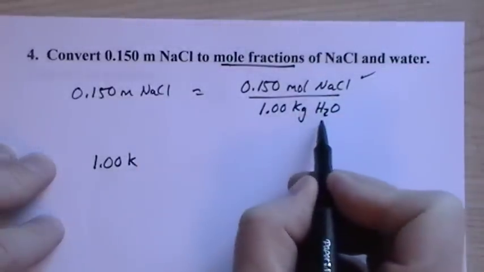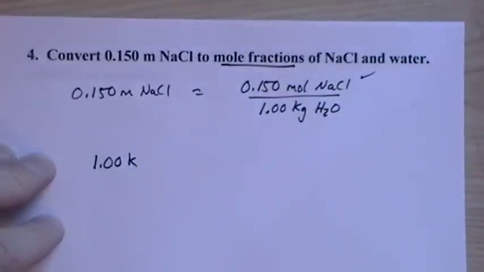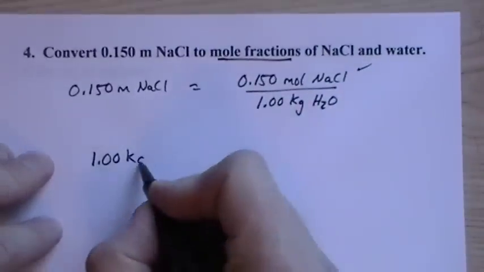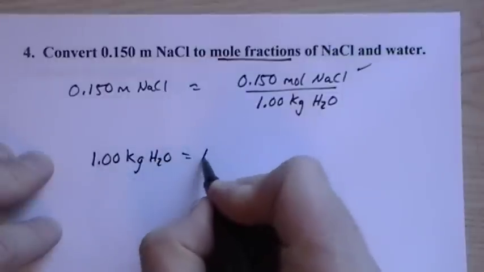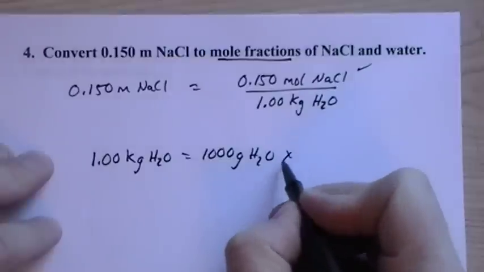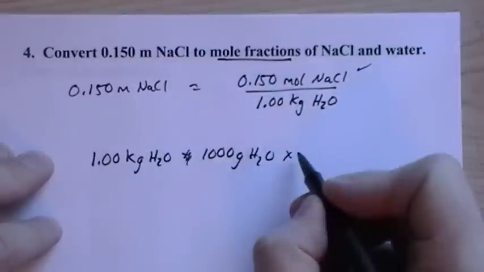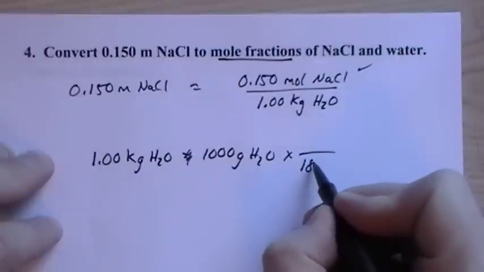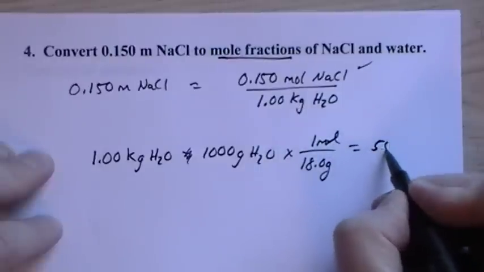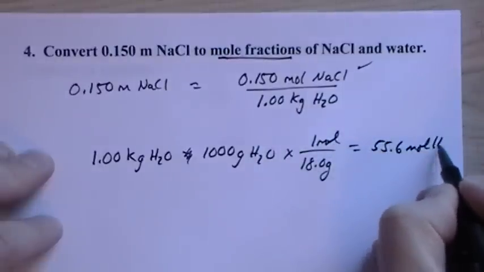If we use 1 kilogram of water, we're free to use whatever amount we want, but might as well use the one that's part of the definition. 1 kilogram of water is 1,000 grams of water. If we just change to moles, we have 55.6 moles of water.